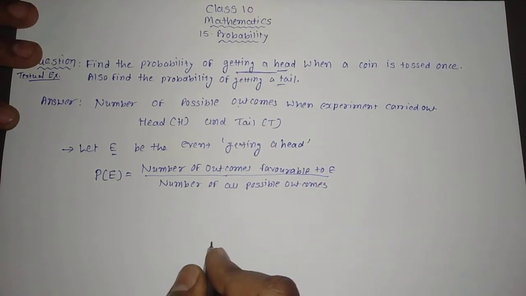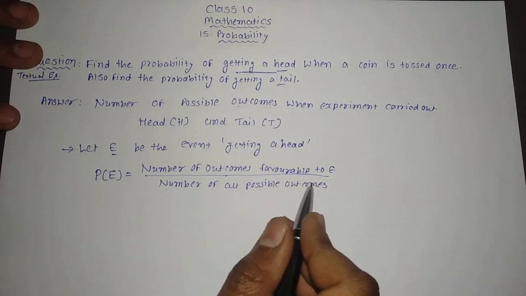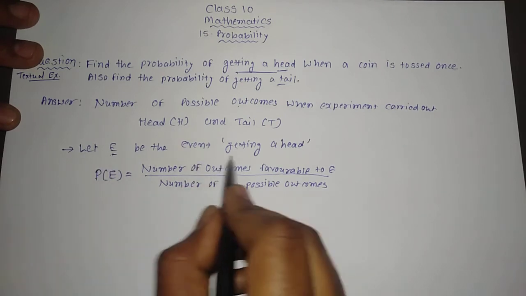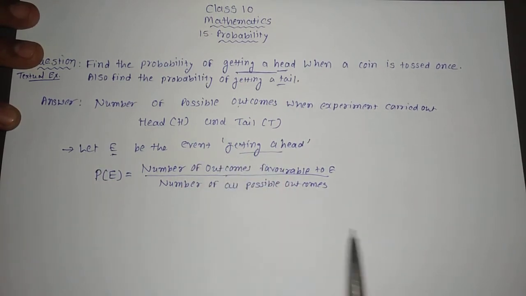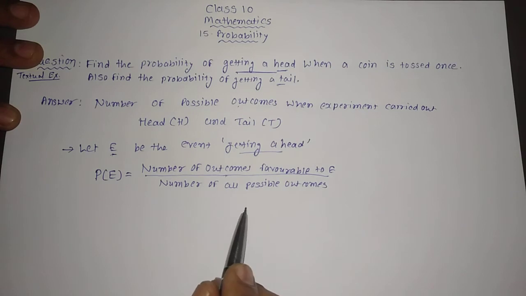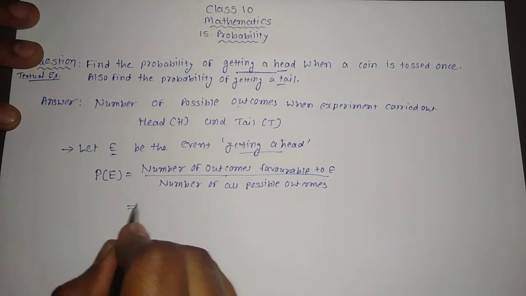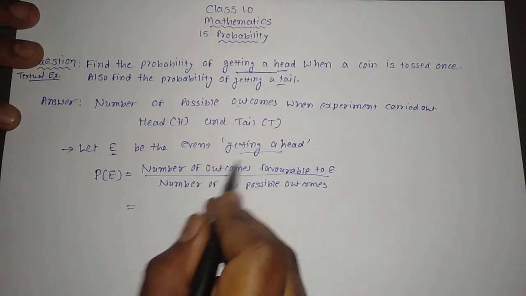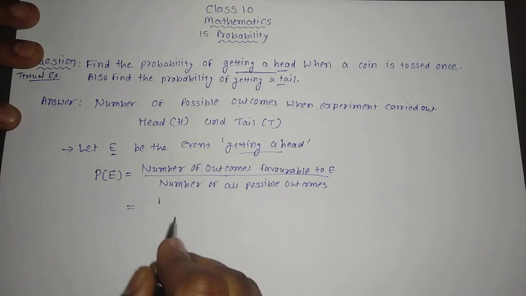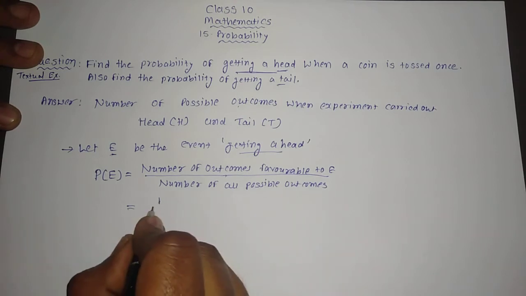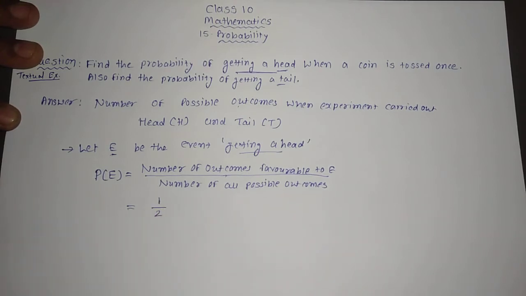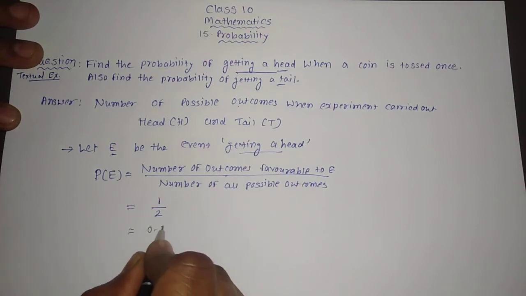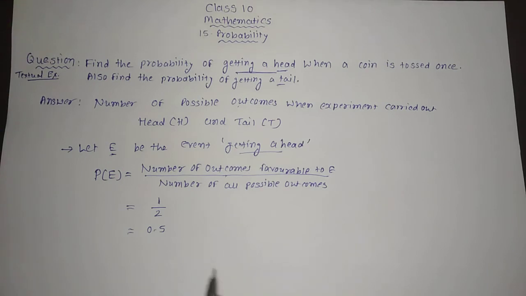To get a head, what is the probability? Number of outcomes favorable to event E, where event E is getting a head. Once it would get head, another time it may get tail. So the number of outcomes favorable to event E is 1, and the number of all possible outcomes is 2, that is either head or tail. If we find this value, it would be 0.5. So P(E) is equal to 1 upon 2.